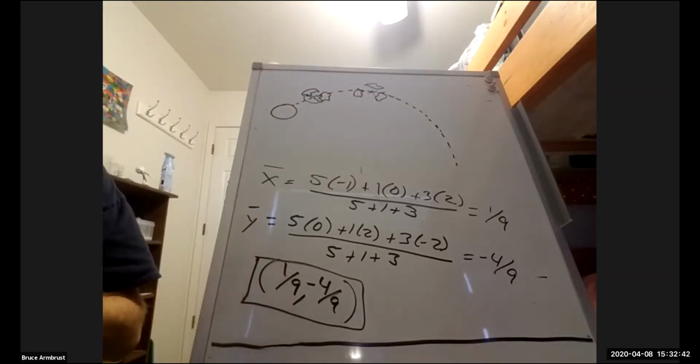So if you're not concerned specifically with the individual pieces, you can follow the center of mass and still know how everything is going. And really what this does is it simplifies calculations a lot.